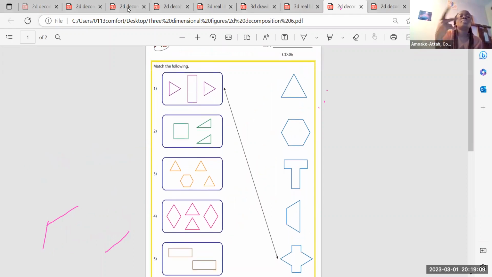So you guys have to match these ones, the appropriate ones. So if this is matching to the star, okay, that is 2 triangles and a rectangle. This could also be called a trapezoid, right? Okay.